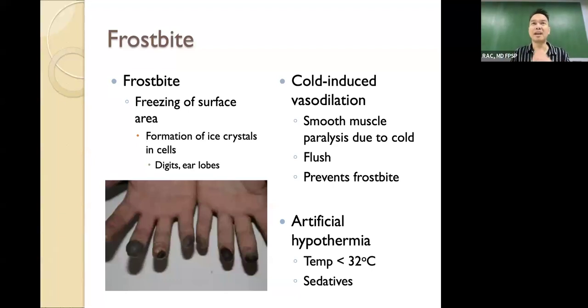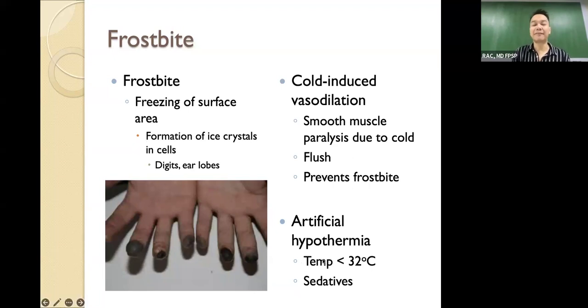However, that poses a risk for hypothermia because as warm blood goes to the more distal portions of our body, heat is transferred from the blood going to the skin. Now, the blood, when it goes back to the core, its temperature would be lower. So with that, core temperature might gradually go down. So you now have a risk of developing hypothermia.